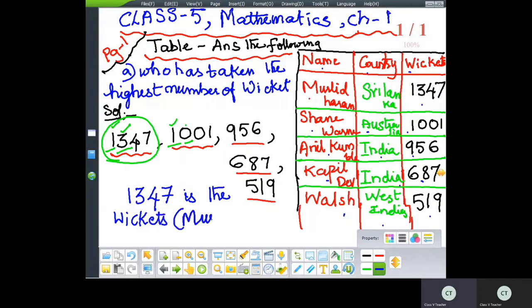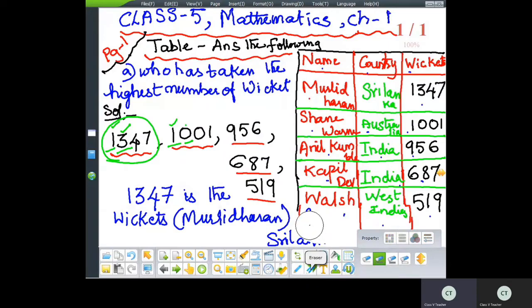He is from which country? He is from Sri Lanka. Yes or no? So this was our first answer. Clear, children? Highest wickets are scored by Muralidharan. He is from Sri Lanka.